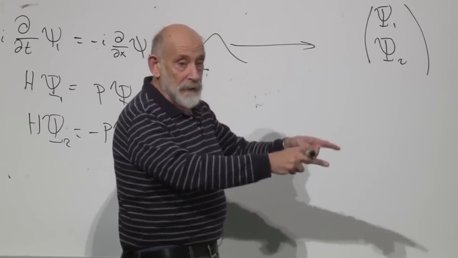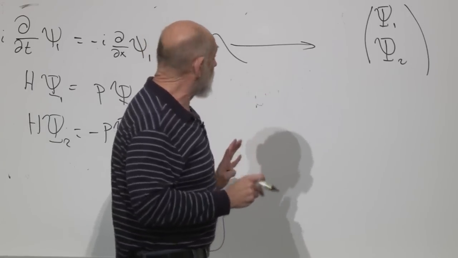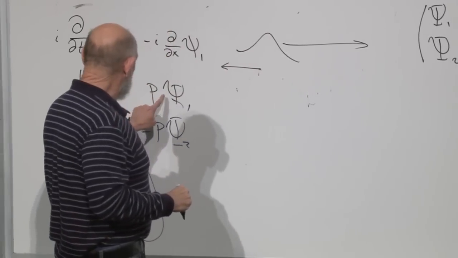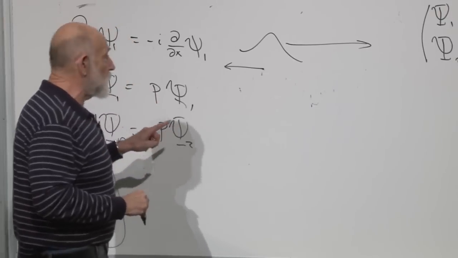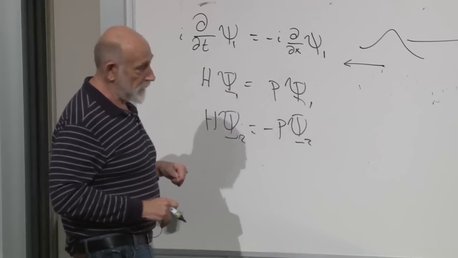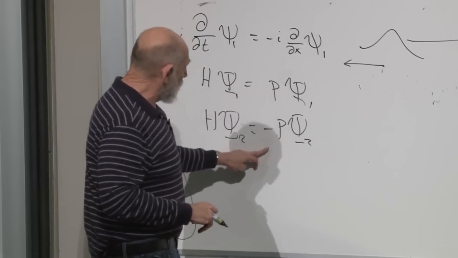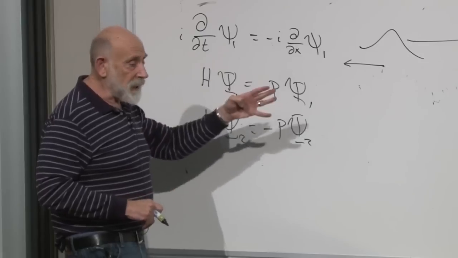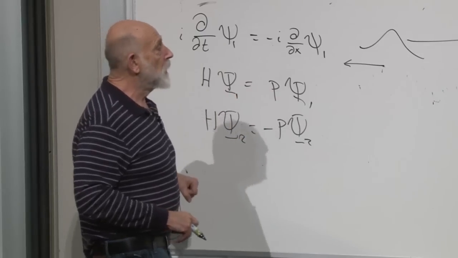It's its handedness. Does it move to the right or does it move to the left? Incidentally, this particle can have negative energy or positive energy because P can be positive or negative, but in either case, it goes to the right. This one can have positive energy or negative energy. In either case, it goes to the left.